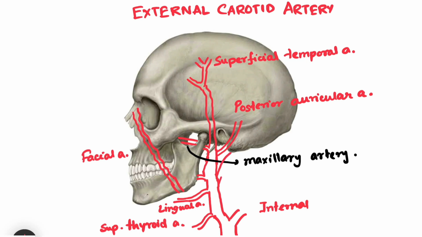It starts from here, goes behind the mastoid and comes up over here like this. This is known as the occipital artery, right? And finally, one branch that we forgot to mention, just aside the lingual branch, is known as the ascending pharyngeal artery.